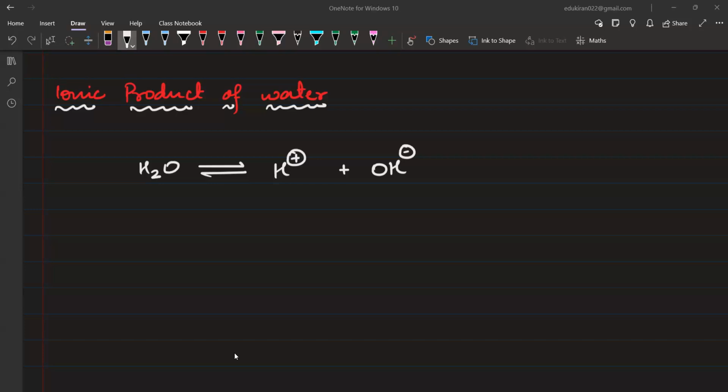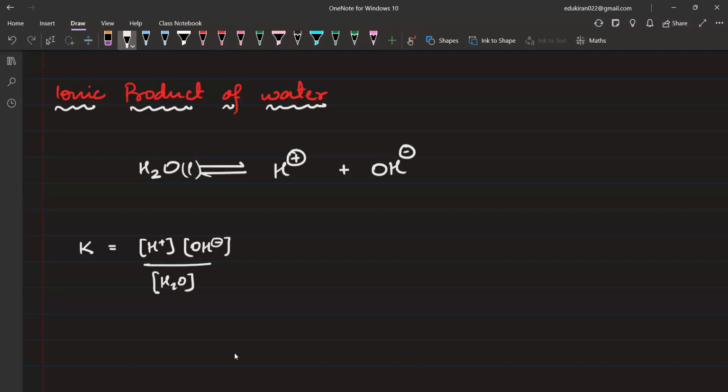So for this type of equilibrium, we write K equal to the concentration of H plus ion multiplied by the concentration of OH negative ion divided by the concentration of H2O. Now, since H2O is a pure liquid, हम इसको यहाँ से हटा सकते हैं. देखिए हटाते नहीं जनरली, ये 1 होता है and rather it is a constant value, है ना?